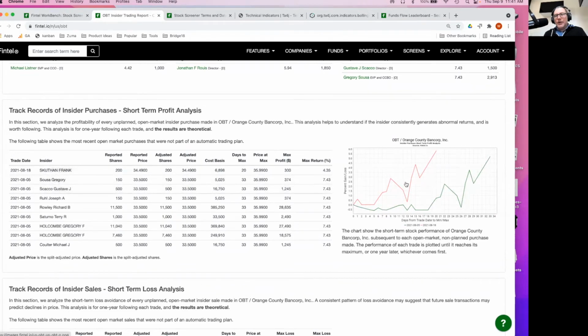And you can see that the current performance of those trades is actually pretty good, right? So Frank bought 200 shares on 8/18 for $34, and it's been 20 days since then, and the share price went up 4%.